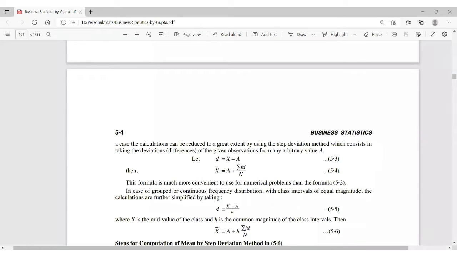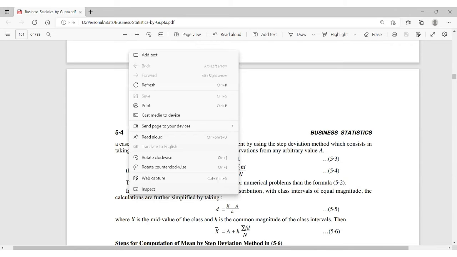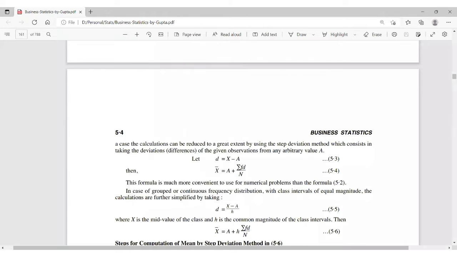Yes, sir, it is clear. That is, x bar is equal to a plus summation of fd by n.